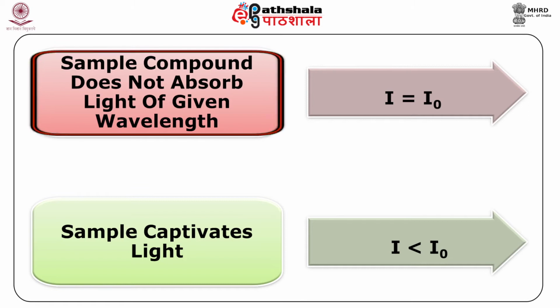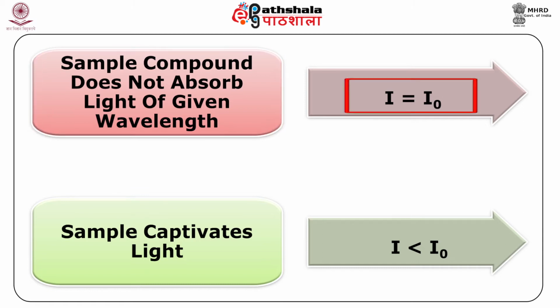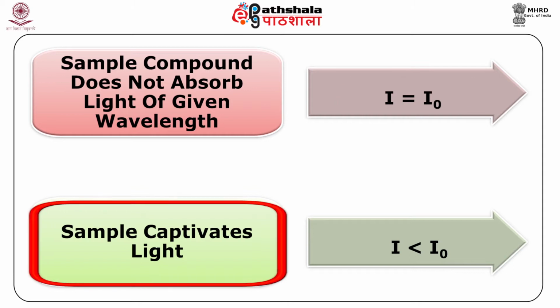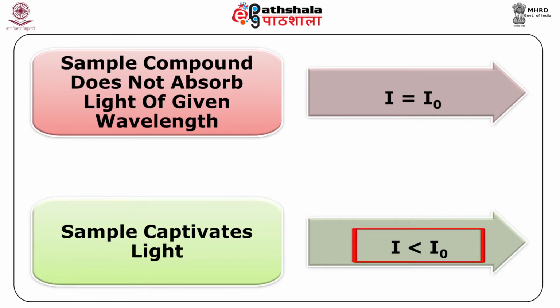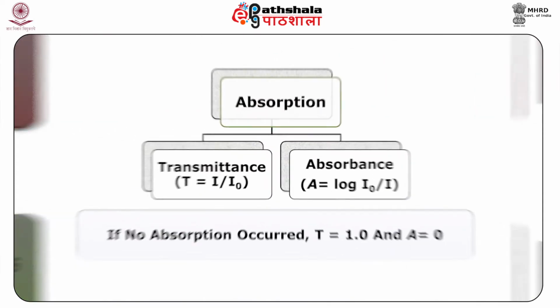If the sample compound does not absorb light of a given wavelength, then I is equal to I naught. On the other hand, if the sample absorbs light, then I is less than I naught, and this difference may be plotted on a graph.